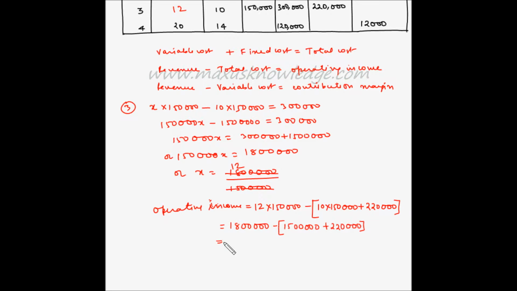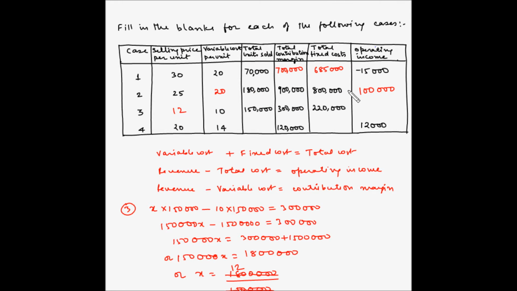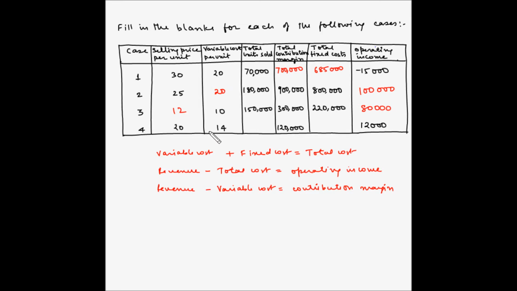So this is equal to 1,800,000 minus 1,720,000, and this is equal to $80,000. So the operating income is $80,000. Now let's look at the fourth case.